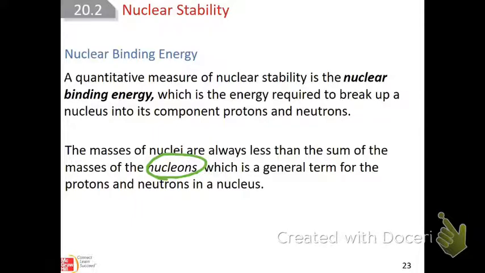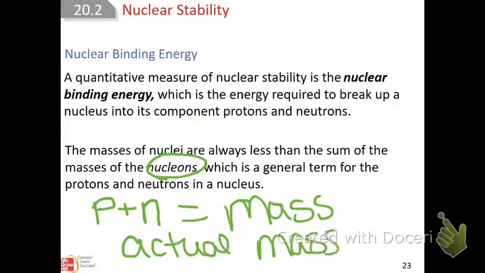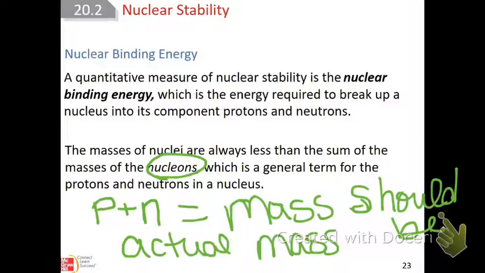If you were to add up the mass of all the protons plus all the neutrons in the nucleus, and we somehow had a scale small enough to weigh them, and we said, okay, this is what their mass should be, and then we were to actually weigh them, they wouldn't be the same. And the difference between those is called mass defect.